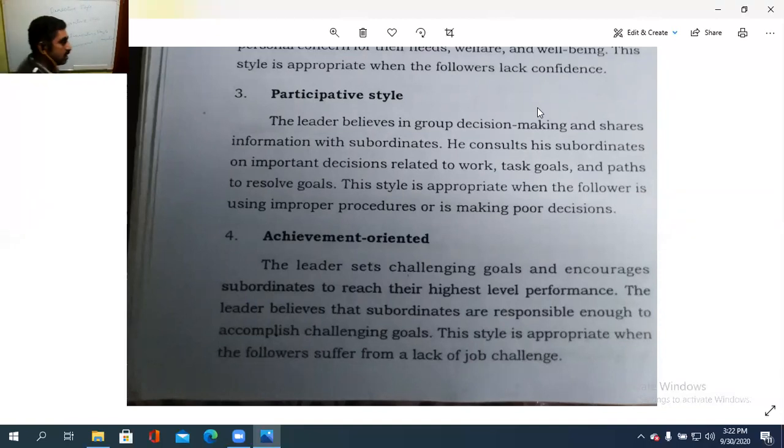And the fourth is achievement oriented, where they set challenging goals and encourage the subordinates to achieve the highest peak of performance. So these are the types of styles with regard to path goal theory where leadership exists.